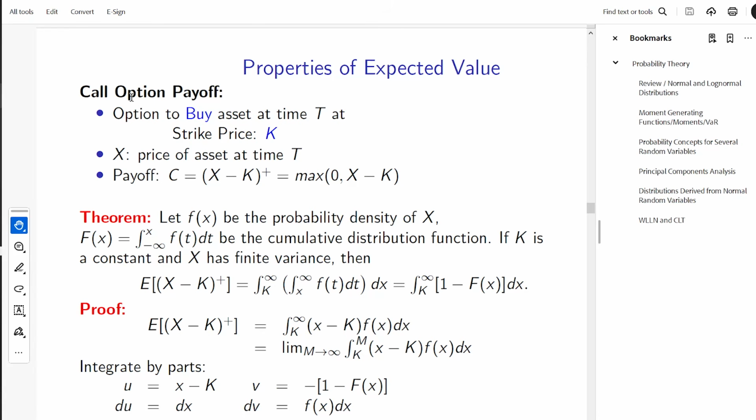What's useful with different distributions is being able to calculate quantities of interest in finance.